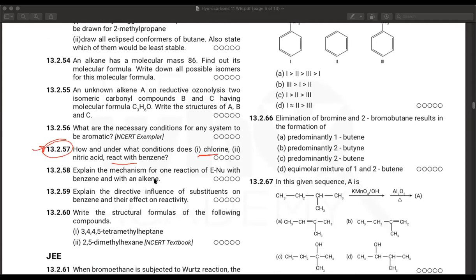A Lewis acid has to be present. Yeah, a Lewis acid, but you'll also give the name of the Lewis acid, right? Because it's asking you the reaction condition. So we can say AlCl3. Then we'll say that it undergoes electrophilic substitution.